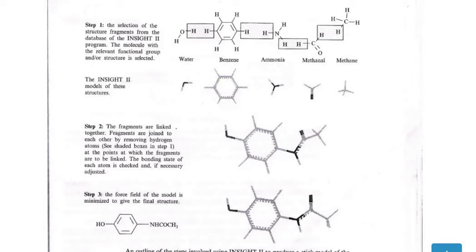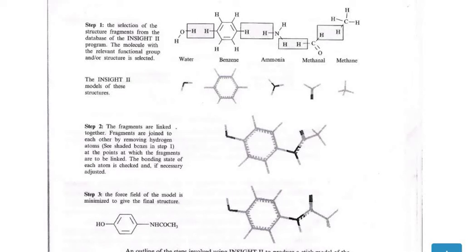You draw the structure, then a second model of this structure, and then the fragments are linked together. Fragments are joined to each other by removing a hydrogen atom. At the point at which the fragments are to be linked, the bonding state of each atom is checked and adjusted if necessary.